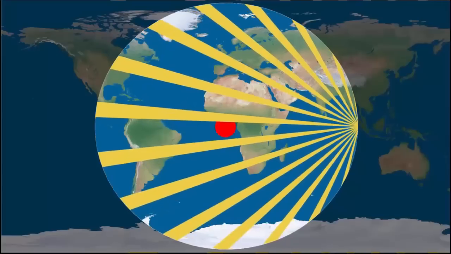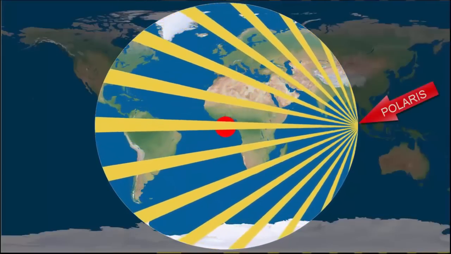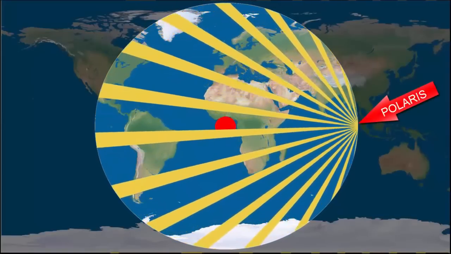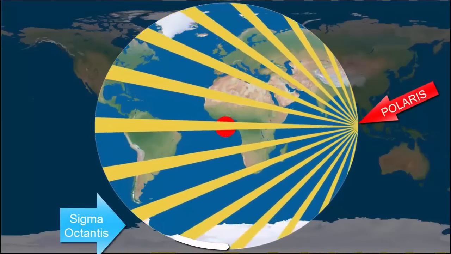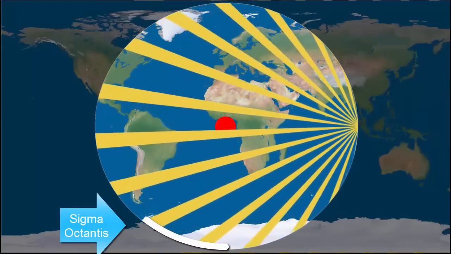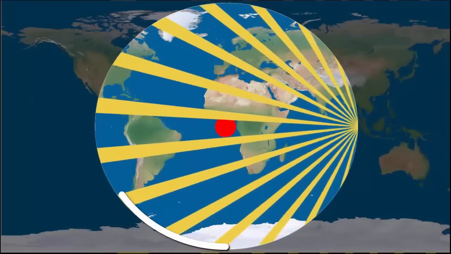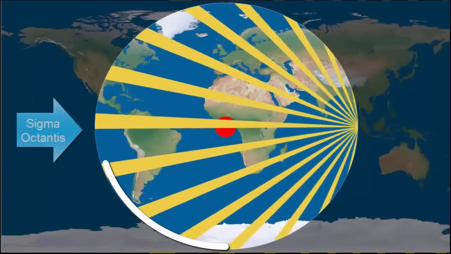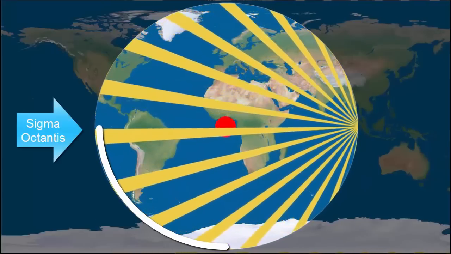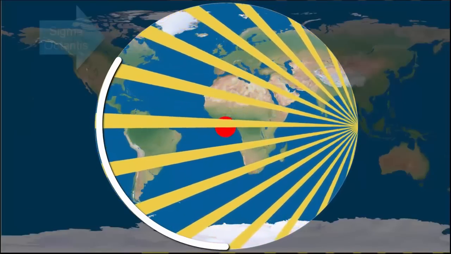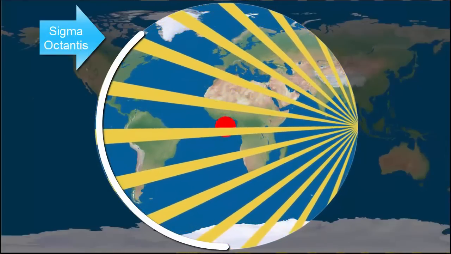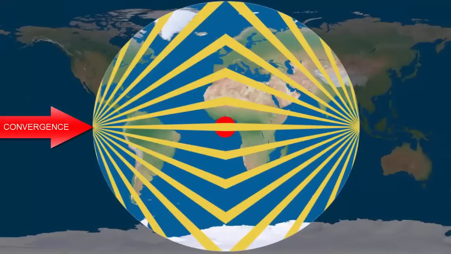Okay, let's pretend that these are the stars rotating for a second around Polaris, and let's say Sigma Octantis is rotating 12,000 miles from the North Pole. I want you to see that it's going to sweep across your entire field of view in reality, but visually, you're not going to see that, because as we converge these lines the way they're supposed to be, they're all going to go to a point.